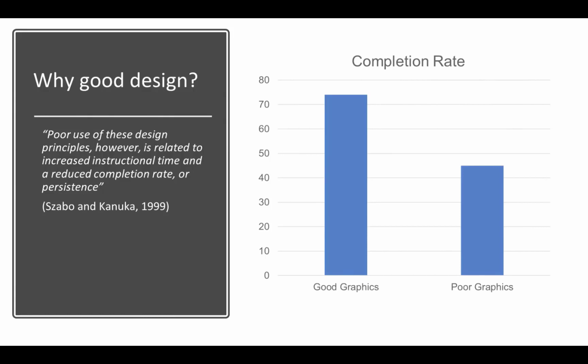Although there was no significant difference in achievement scores between the lesson that contained screen layouts using good design principles compared with the lessons that contained screen layouts not using good design principles, the data revealed that there was a significant difference in time to complete the lesson, favoring the group using the lesson containing screens that use good design principles. There was also a significant difference in the completion rates of students who completed the lesson with good graphics and those who completed the lesson with poor graphics.